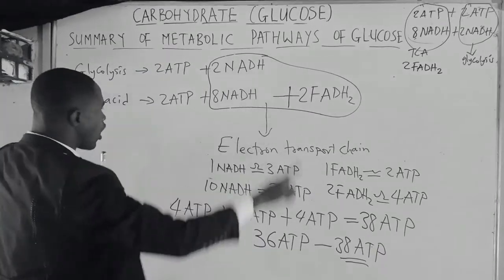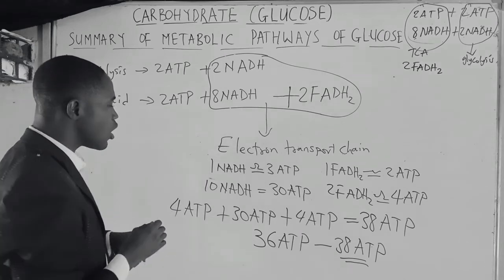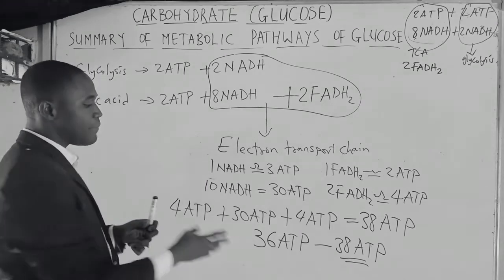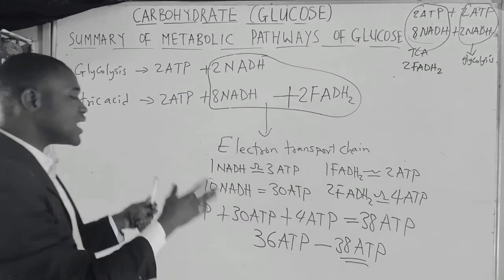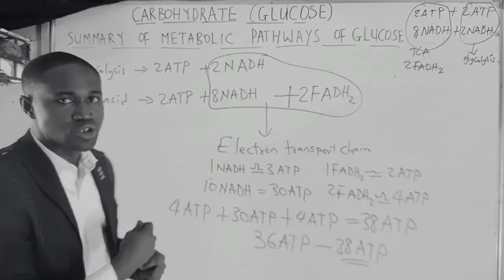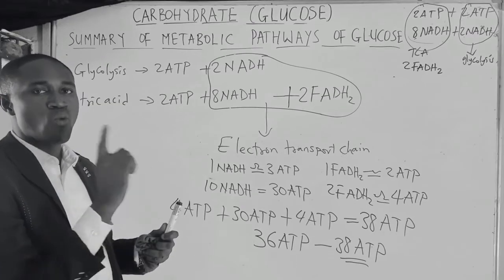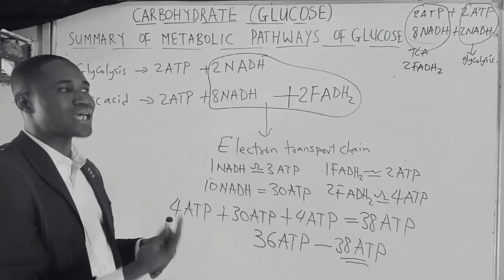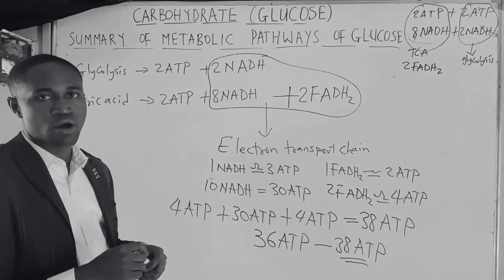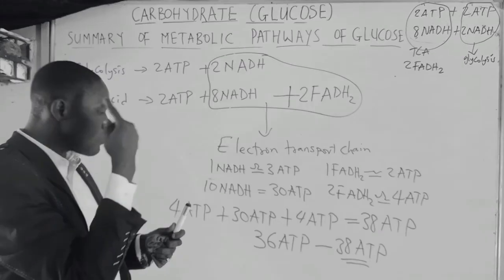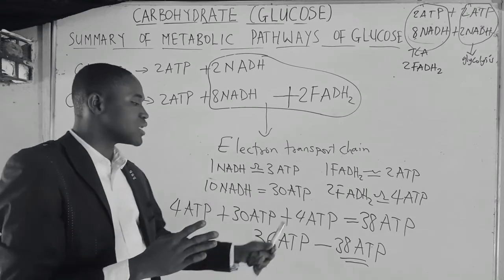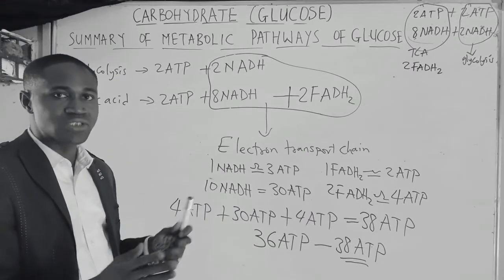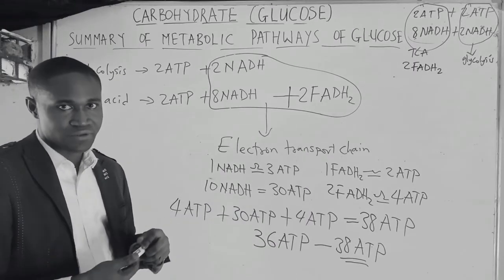When we calculate all of them, it gives a total of about 36 to 38 ATPs. These are the energy molecules that the body makes use of after assimilating one molecule of glucose, and it uses them to carry out its daily activities.